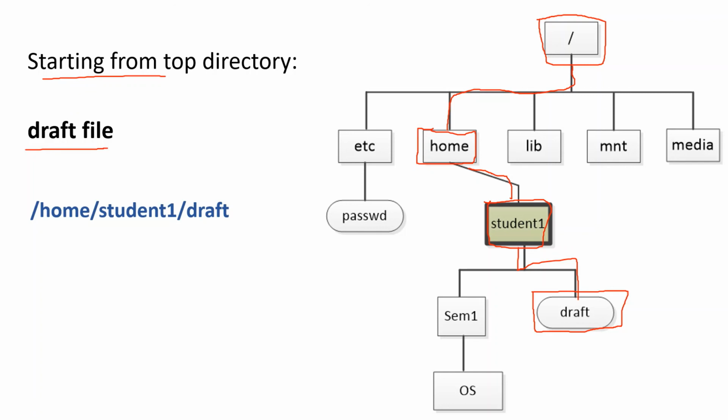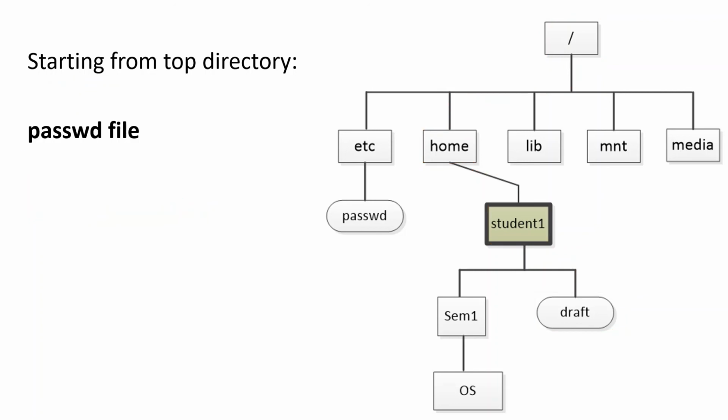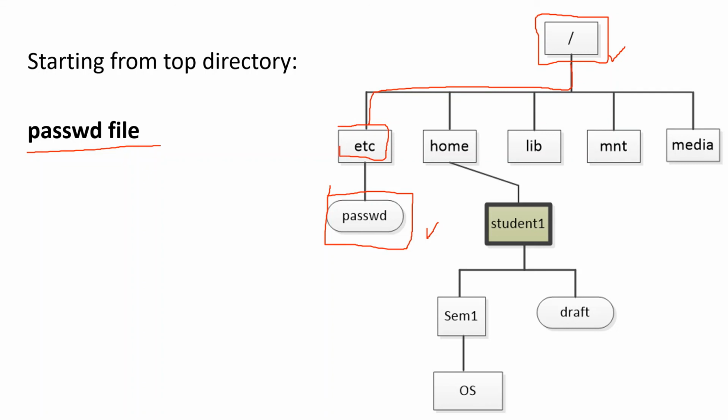Okay, so we are moving to the third and last example of absolute path. So the next one is the password file. So where is the password file? Identify that first. It is here. Okay, and then it is from root. So what is the path? So now from / we go to etc and then password.